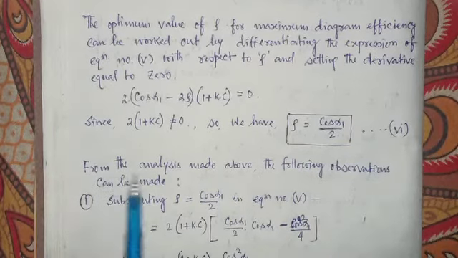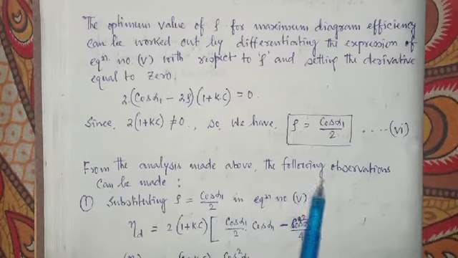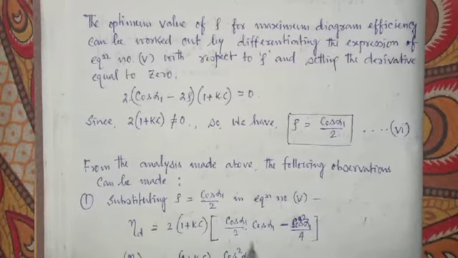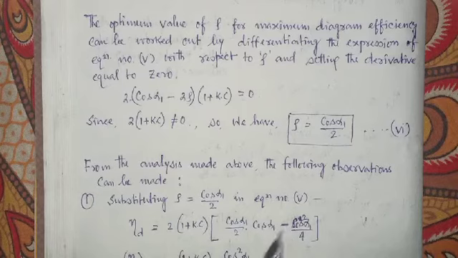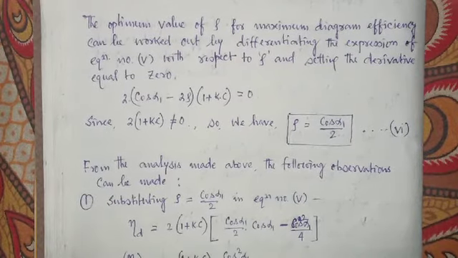Now from the analysis made above, the following observations can be made. What are the observations we can make?